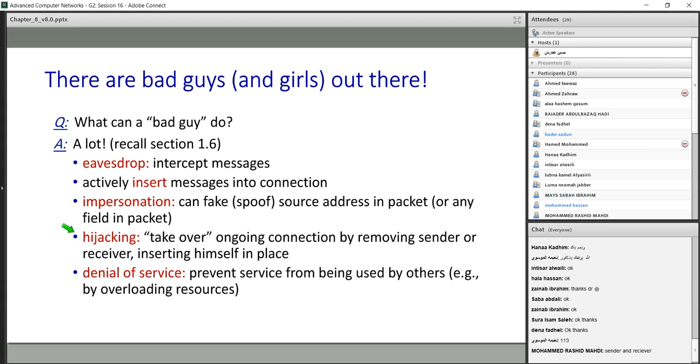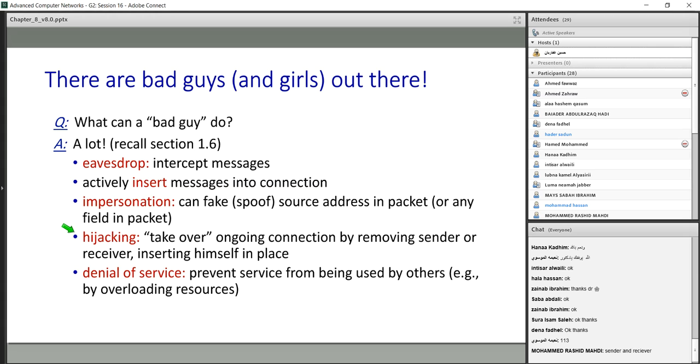And if they do this, Trudy can receive my messages, and then Trudy can change my message and send something else to, for example, Alice or Bob. And then, when Trudy receives the messages from Alice or Bob, Trudy can change them and send something else to me. We call it hijacking, taking over the connection.